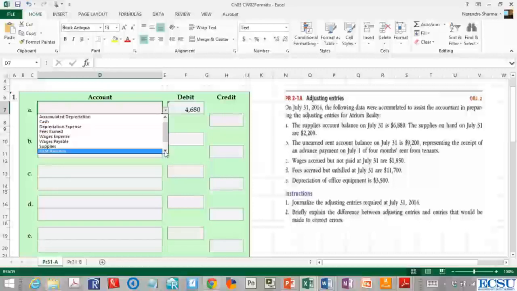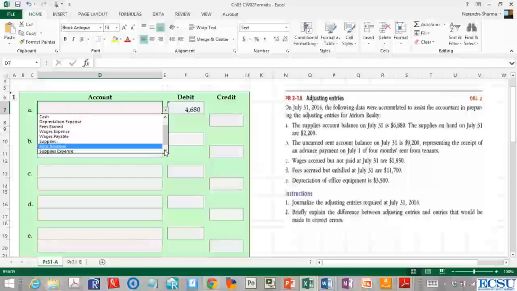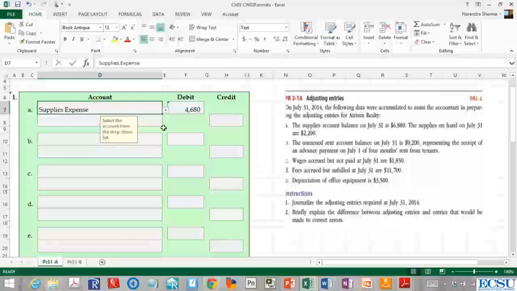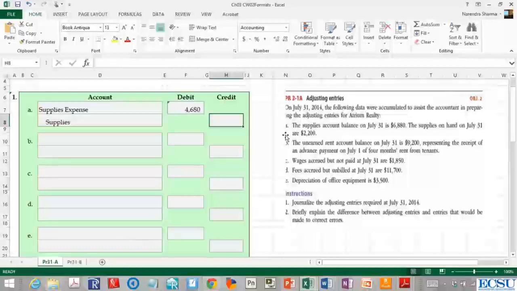So let's see, supplies expense account, and then it will be credited to the supplies account. So that will be 4,680. So that is the first journal entry.